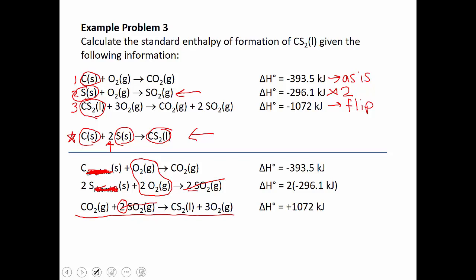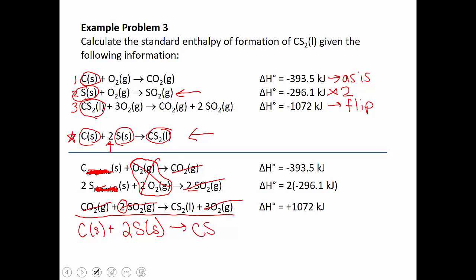Take a look. Do you see anything else that cancels out? The CO2 cancels out with the CO2. And finally, these 3 oxygens that added up with each other actually cancel out with the 3 oxygens in the third equation. So these all cancel out. So we write what's left over. We have our carbon, our 2 sulfur, and that's it for the left side of the equation.